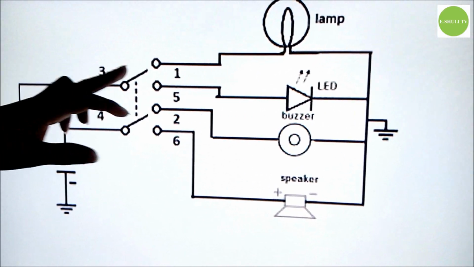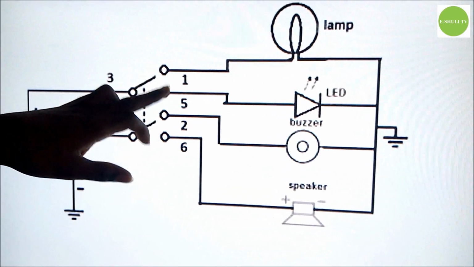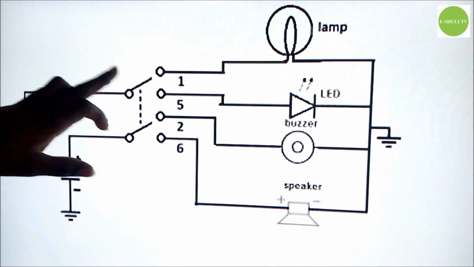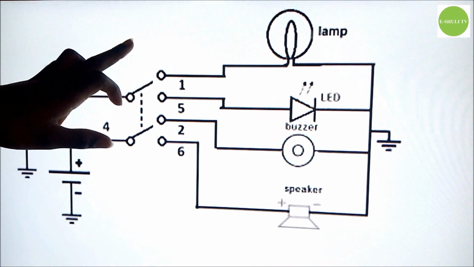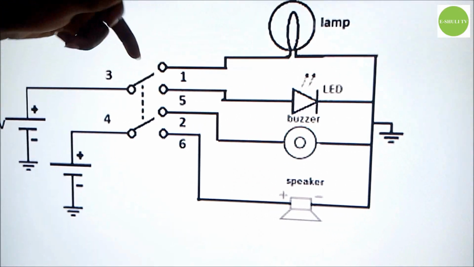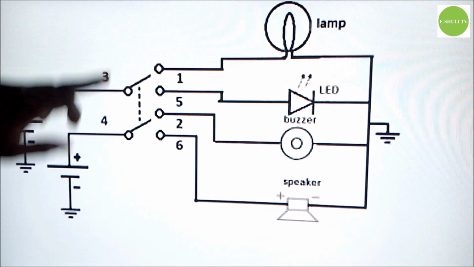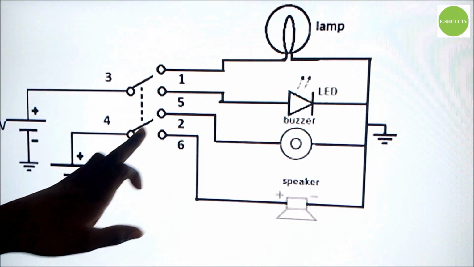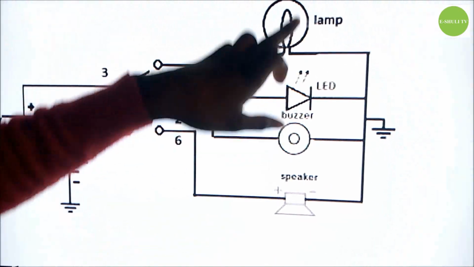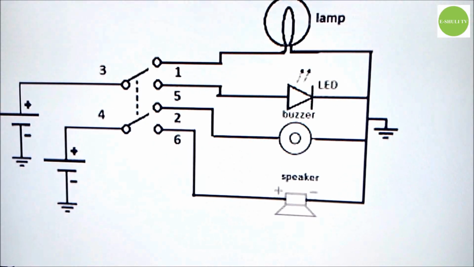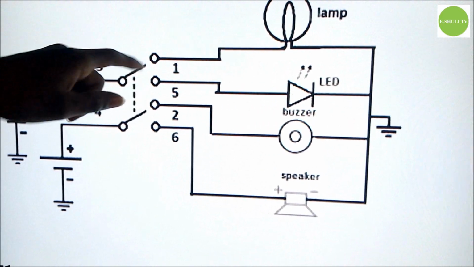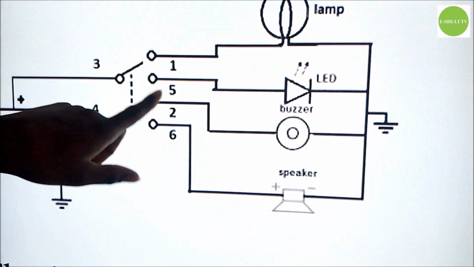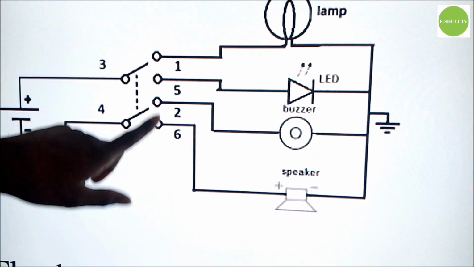Then when we change the state of this switch, when we push at the same time, the whole circuit will be changed. You see at the first position, the buzzer and lamp will be on, while when we push, we will change from 1 to 5 and from 2 to 6.